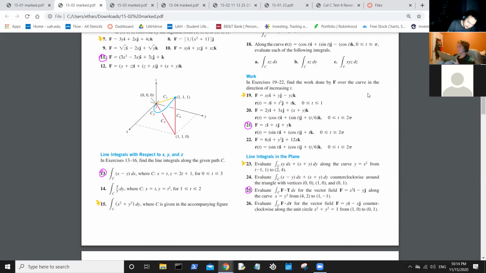What did you get for your magnitude? So you start with your r, you take the derivative. I got root 2 for its magnitude. Yeah, it's 1 plus 1, because cosine squared plus sine squared is equal to 1, plus 1. That's what I have, root 2.